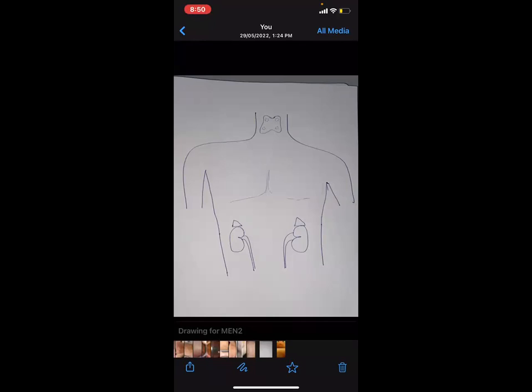These glands secrete hormones which control some of the functions in our body. This is pathophysiology. In people with MEN2, there is a faulty gene which runs in families, down from one generation to the next.